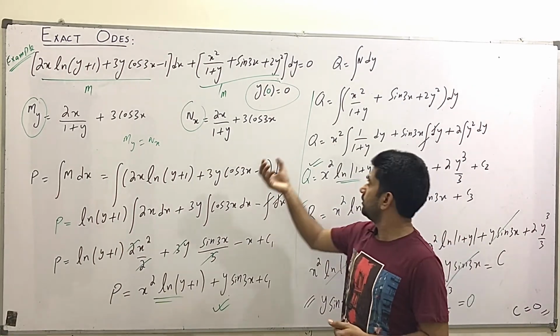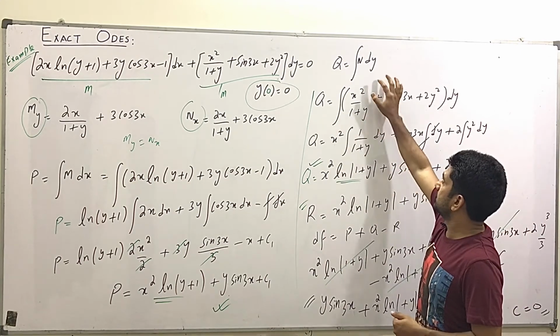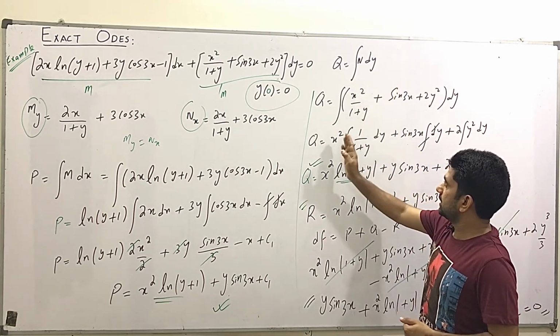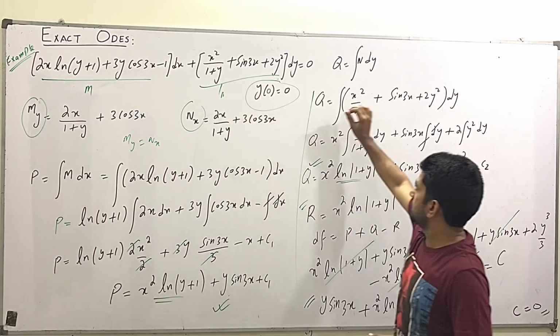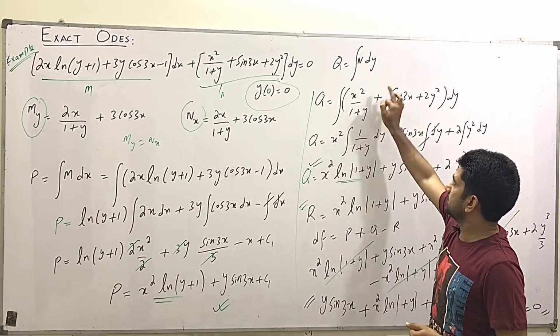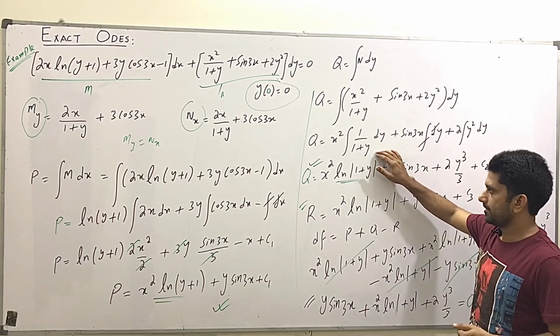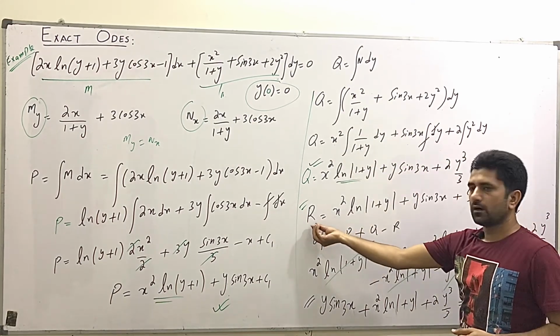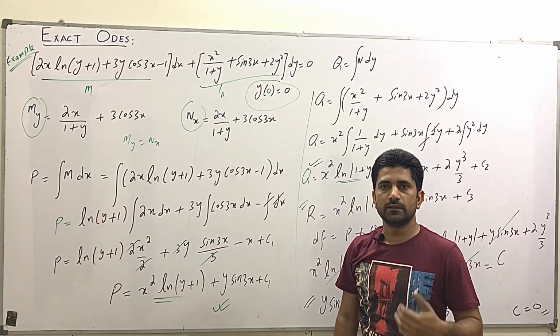and for Q we have the formula, integral of N dy. We integrate with respect to y, and from this N we take the x terms outside, and we integrate with respect to y. After P and Q we have R. The formula for R is the common terms of P and Q only.